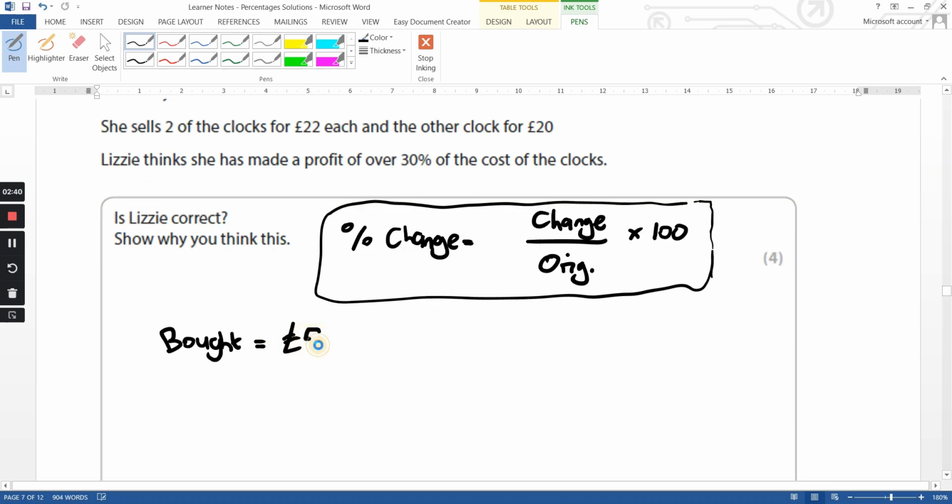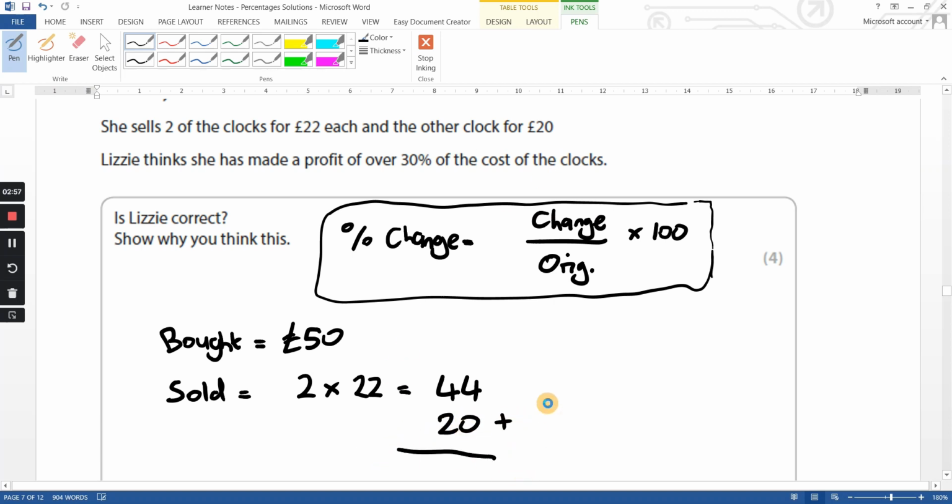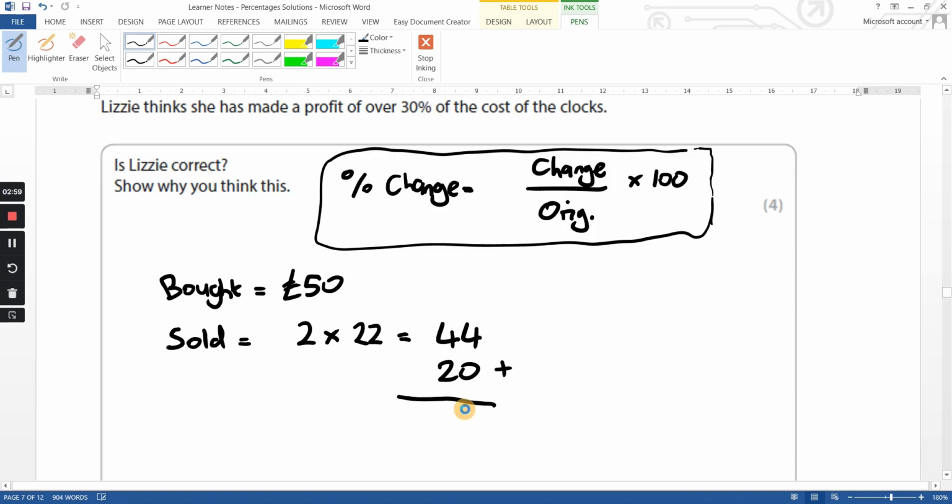Right, let's write this down. She sold them for 2 clocks at £22 each, so that's 2 times 22, which is 44, and the other clock for £20. So if you add these two together, you'll get £64. So she sold them for £64.